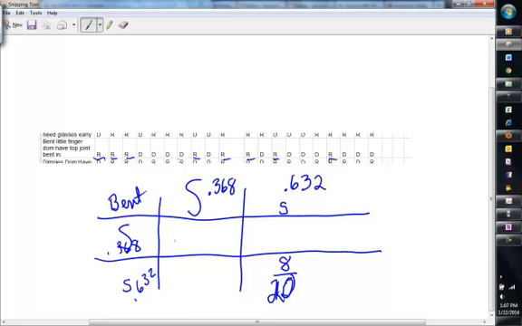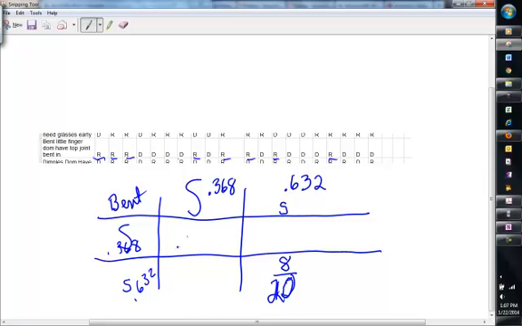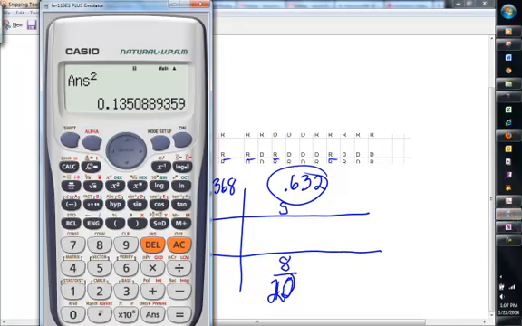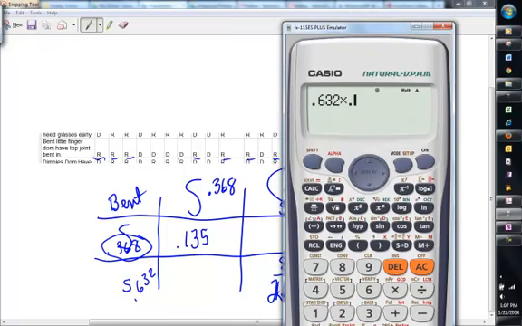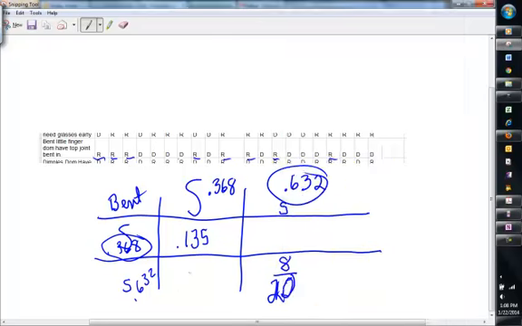Okay, we can fill in the other boxes. 0.368 squared is 0.135. 0.632 times 0.368 is 0.233.